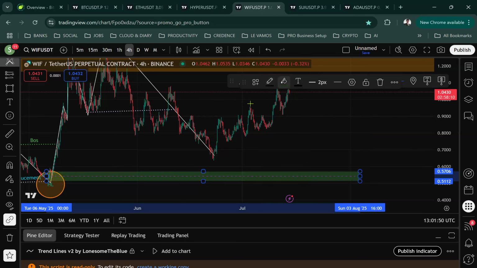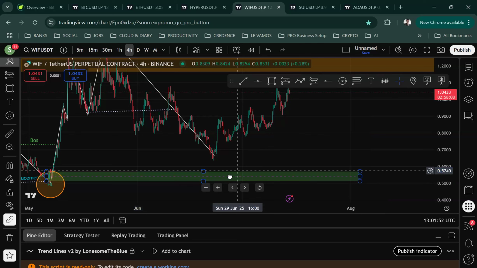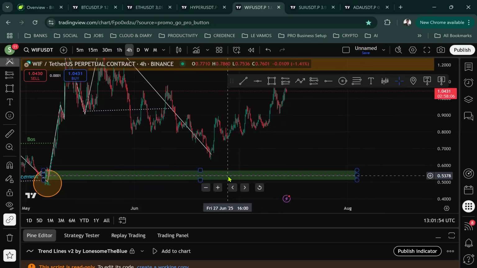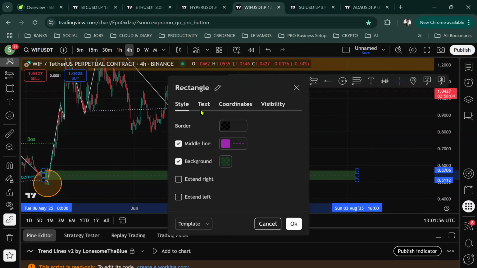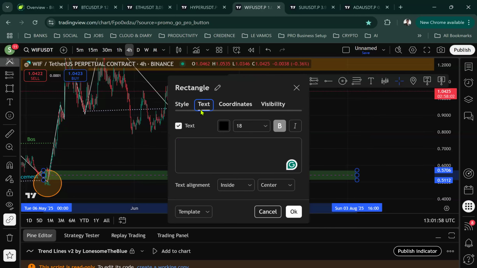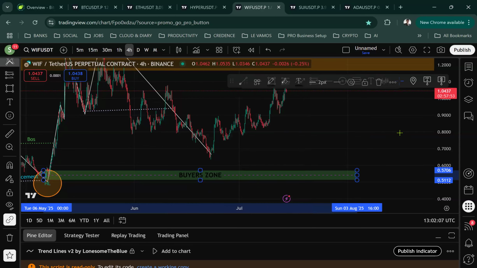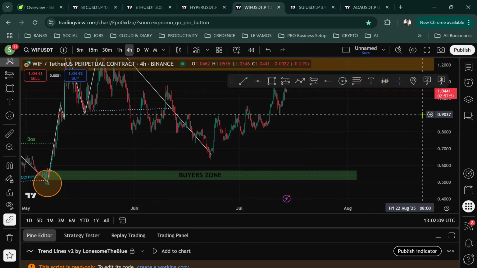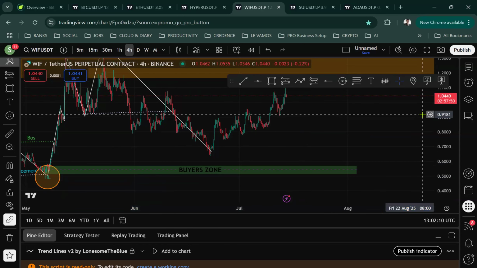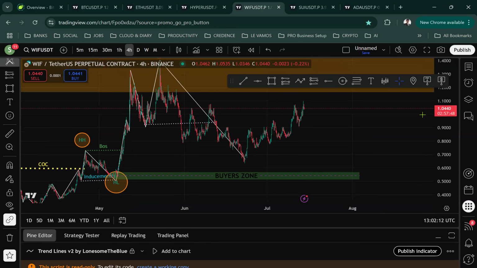Yes, demand zone. Okay, this is the buyer zone. Perfectly.